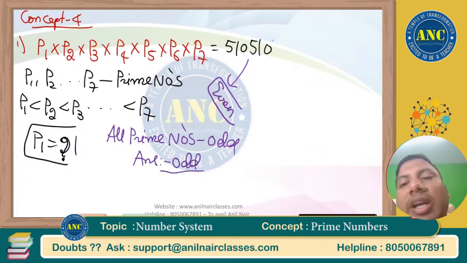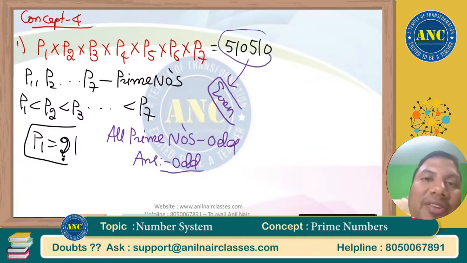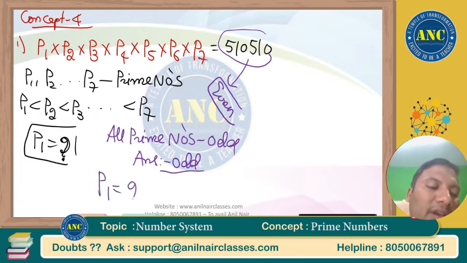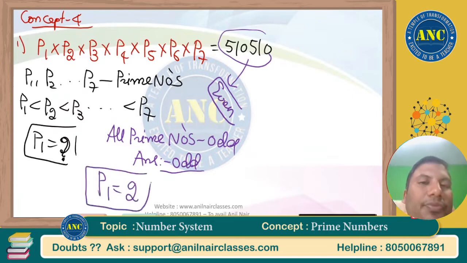But in the question, it is given as 510510, which is an even number. All 7 cannot be odd numbers. One number has to be even. In the set of prime numbers, the only even number is 2. So P1 is nothing but 2.